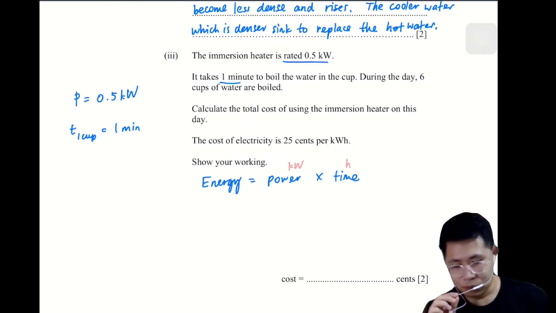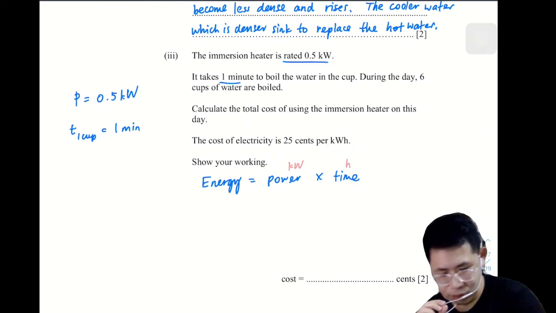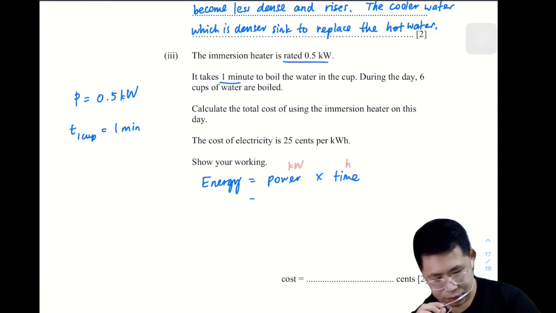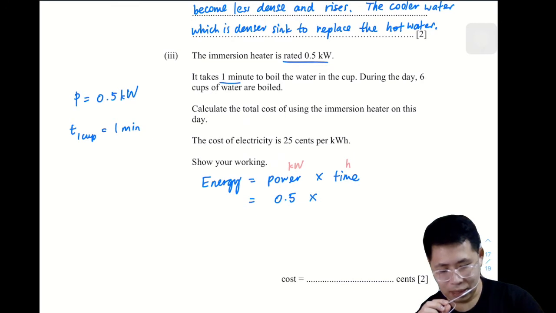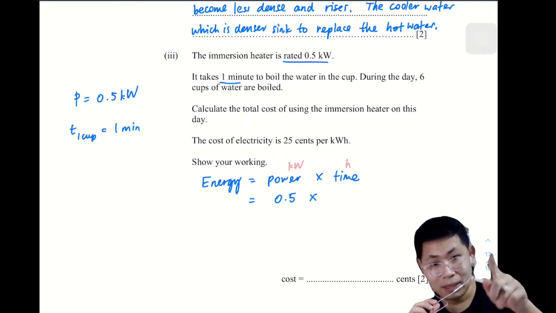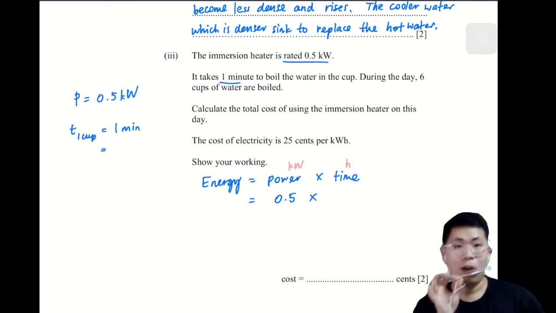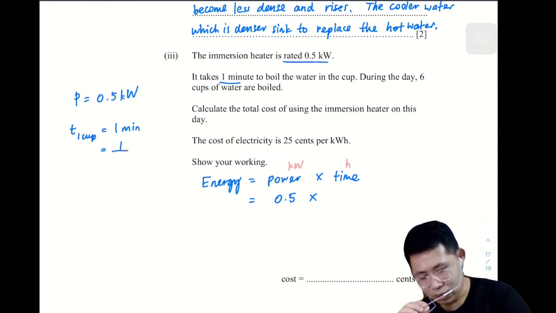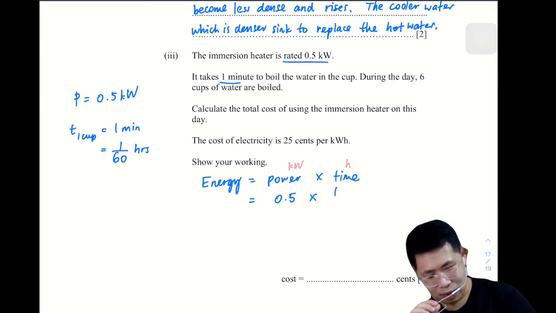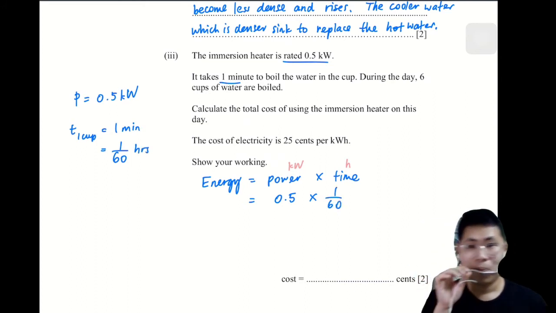So we've got power of 0.5 kilowatt, times the time. Time for 1 minute. So 1 minute is equal to how many hours? It is 1 over 60 hours. So time in hours is 1 over 60.